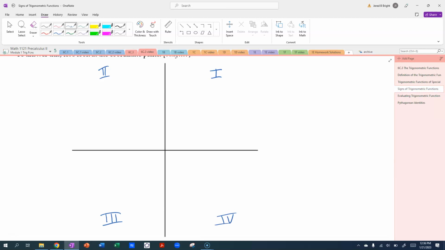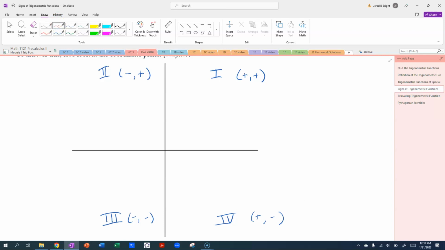In quadrant 1, both coordinates are positive. In quadrant 2, the first coordinate is negative, that's a negative x, and a positive y. In the third quadrant, both coordinates are negative, and in quadrant 4, we'd have a positive x and a negative y.